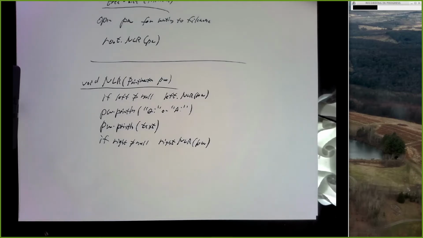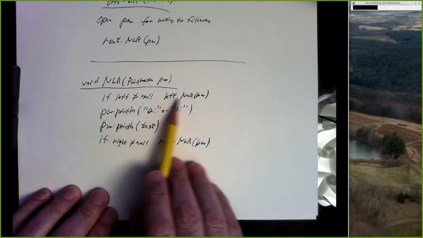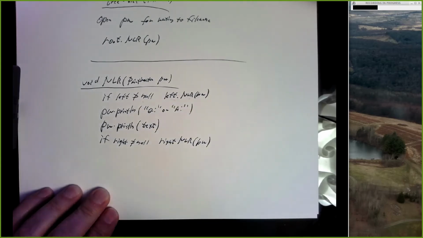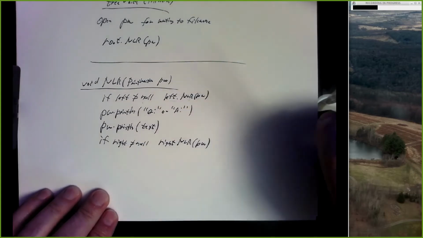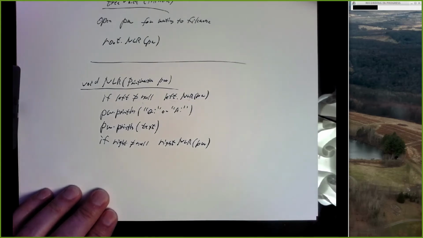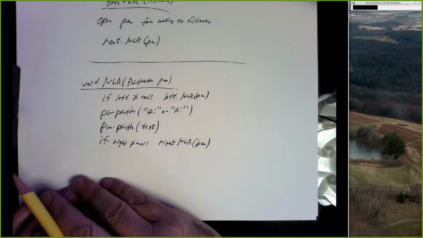The different feeling here from C is that we have to check to make sure left is not null before we call left's node left right. In our recursive traversal from 222, when we did this in C, we could just say NLR, parentheses, node arrow left. And inside NLR, we could say, hey, if the node you passed in is null, let's just return.